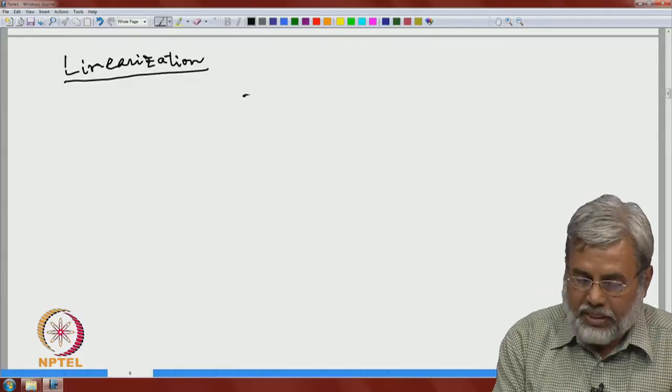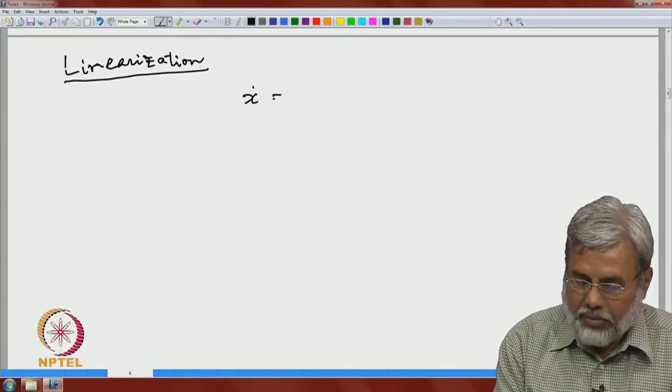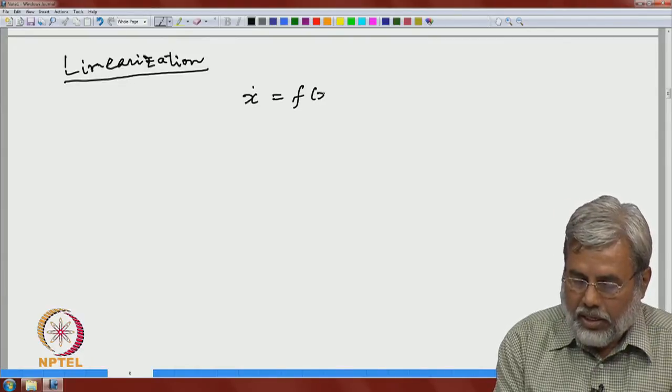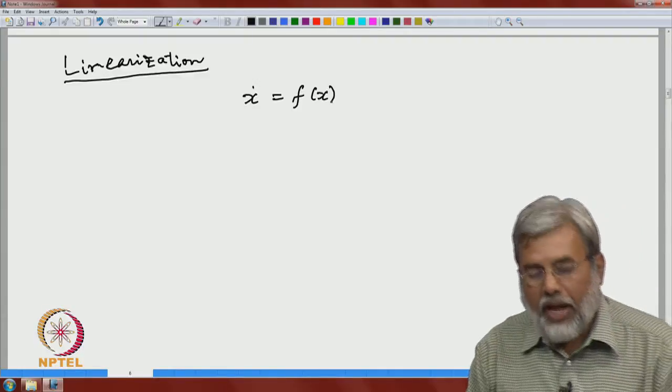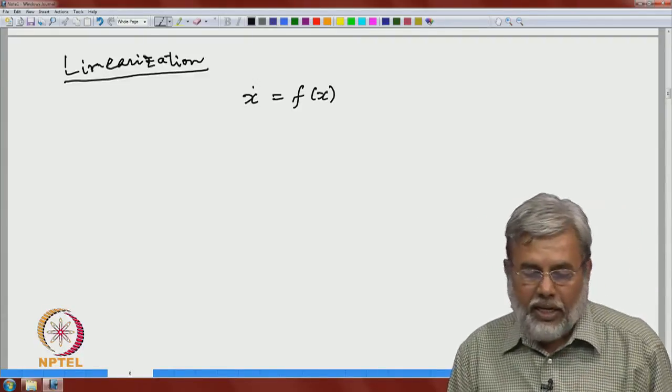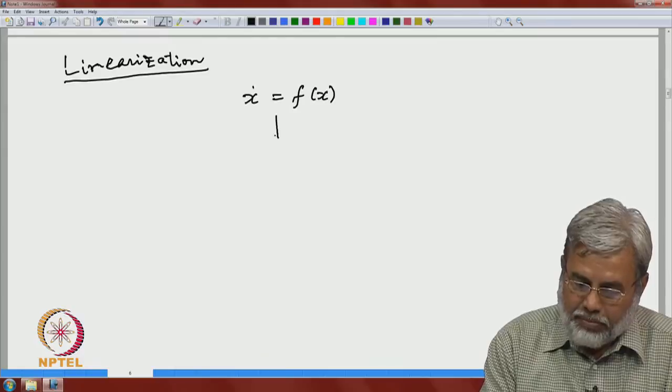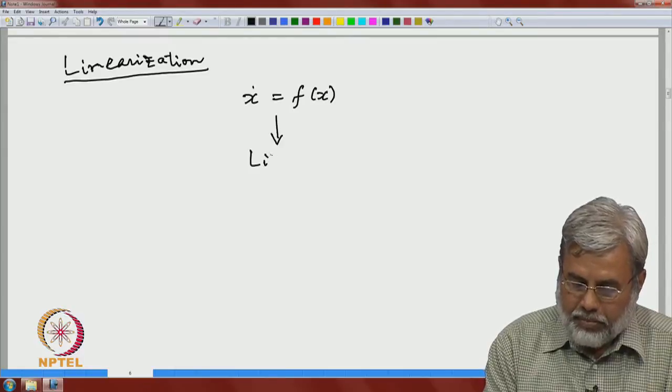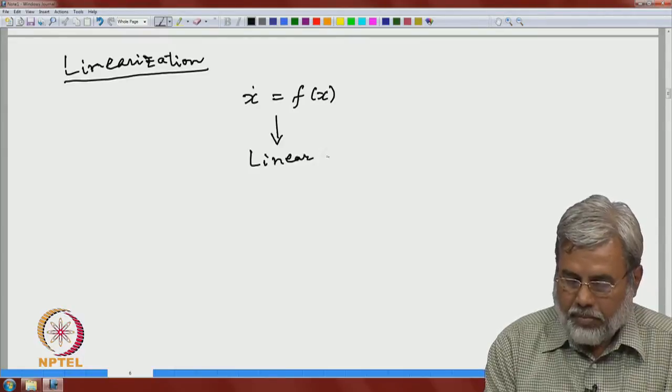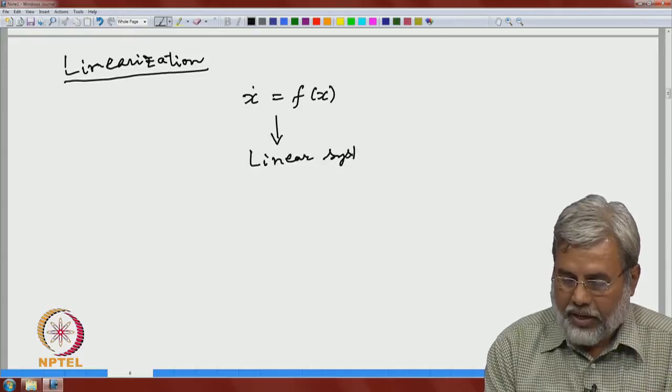We are given this general system, x dot equals f of x, and we want to convert this to a linear system. But where?